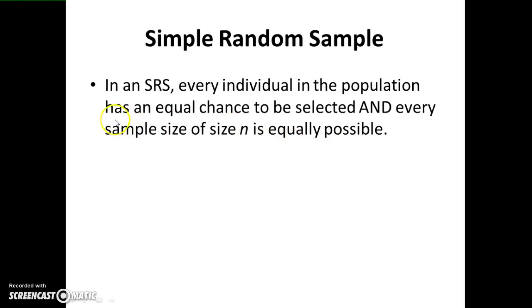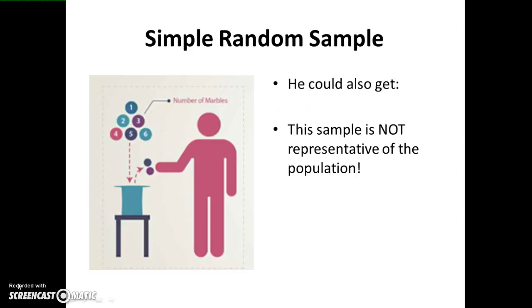So getting 4 marbles of the same color is just as likely as getting any other combination of color marbles. So the problem with this is that this sample is not representative of the population. One problem with simple random sampling is that while it is often representative of the population, it is not always representative of the population.